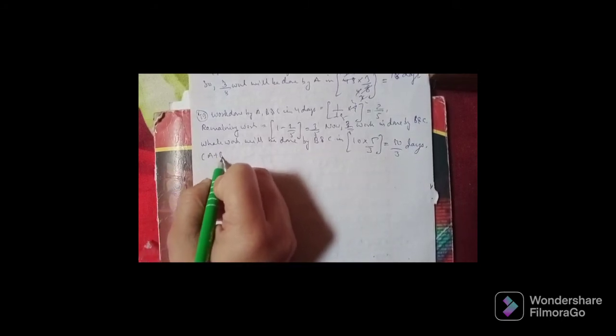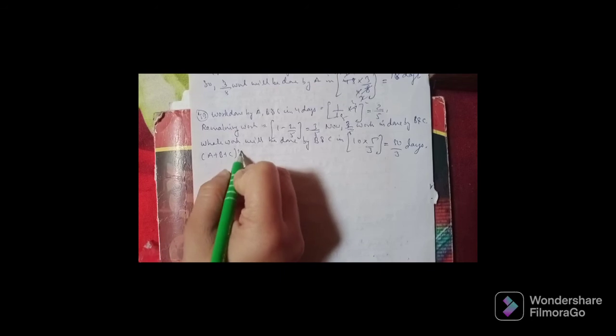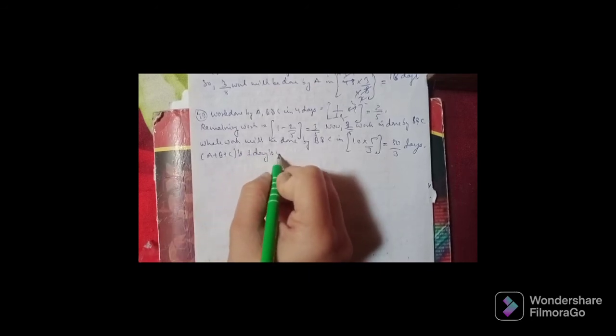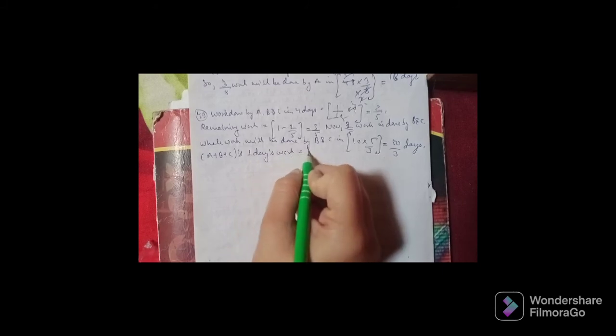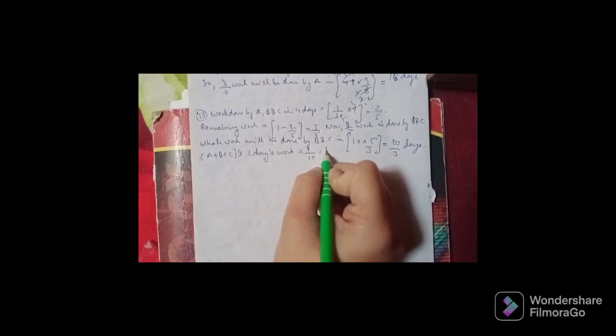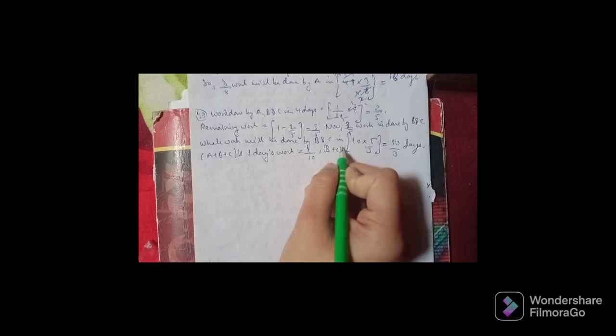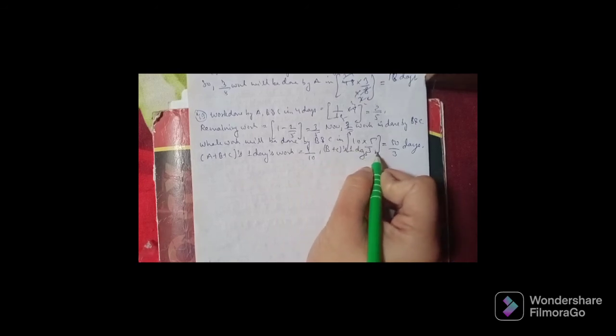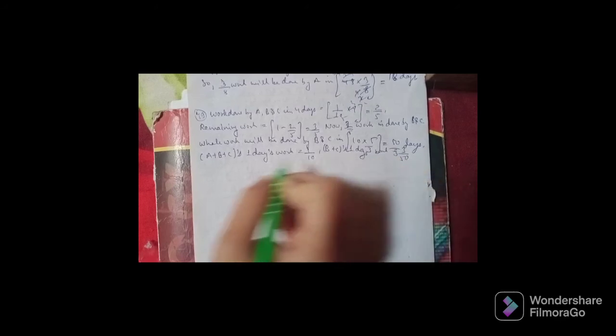Now A plus B plus C 1 day's work equals 1 by 10. B plus C is 3 by 50.